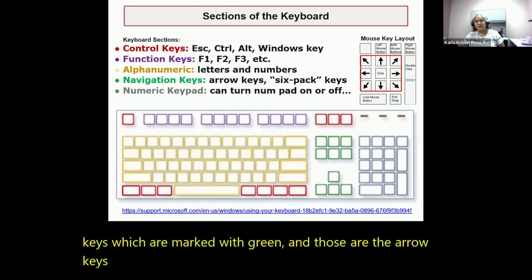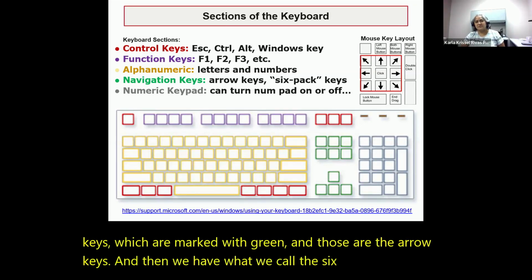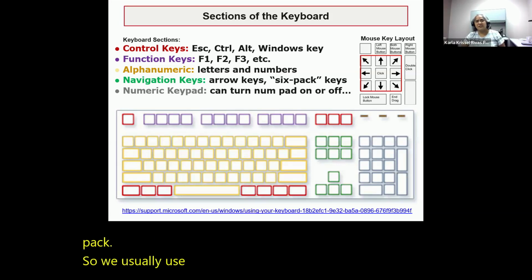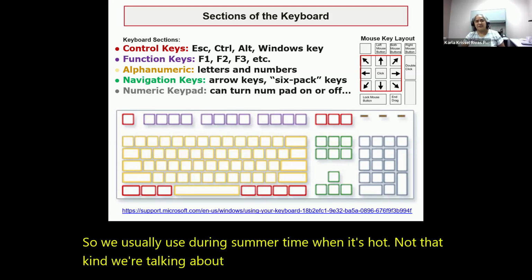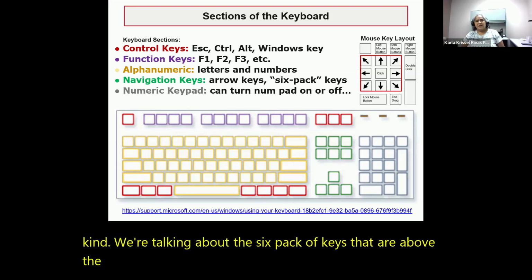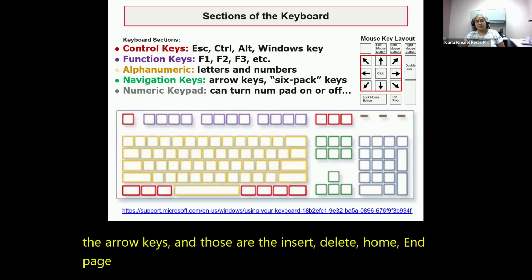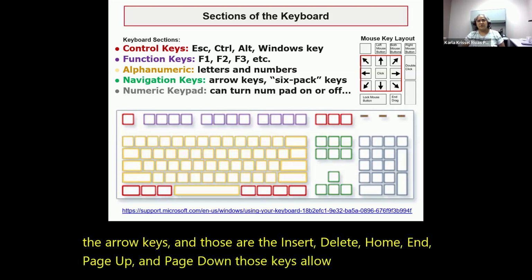And then we have what we call the six-pack keys. No, not the six-pack that we usually use during summertime when it's hot, not that kind. We're talking about the six-pack of keys that are above the arrow keys: insert, delete, home, end, page up and page down. Those keys allow people to navigate through documents.